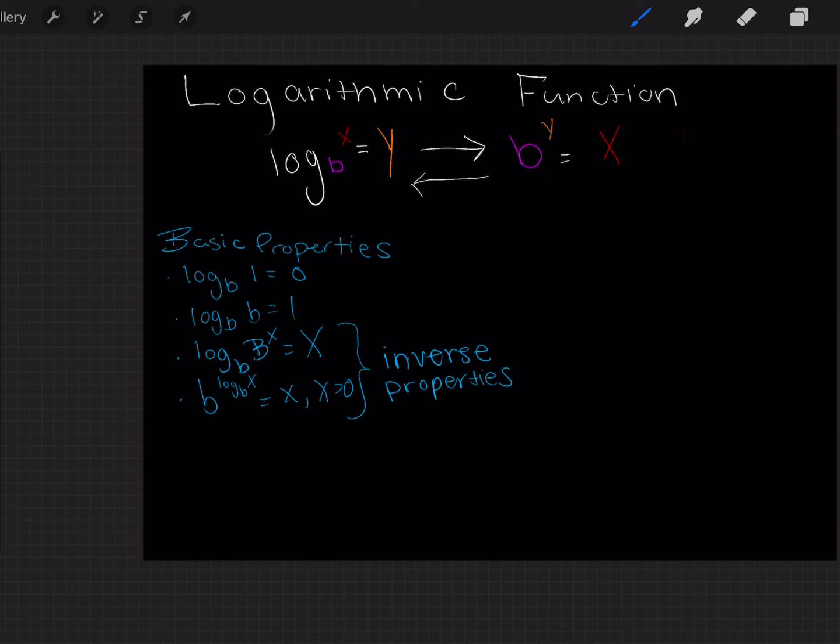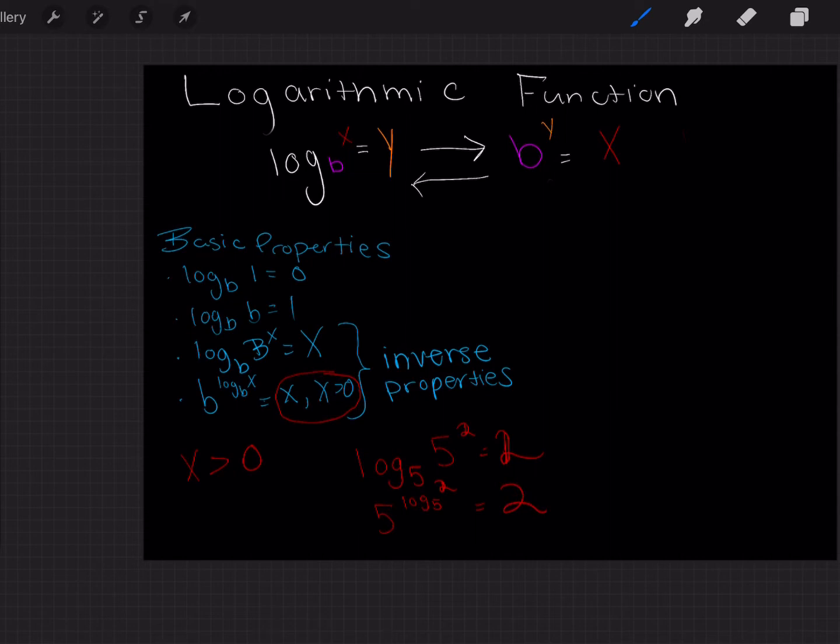So what that means is that our x has to be greater than 0. A good example problem of that is log base 5 of 5 squared is going to equal 2.